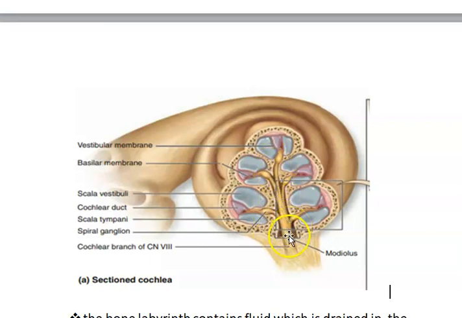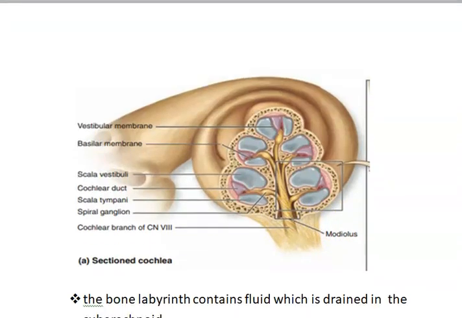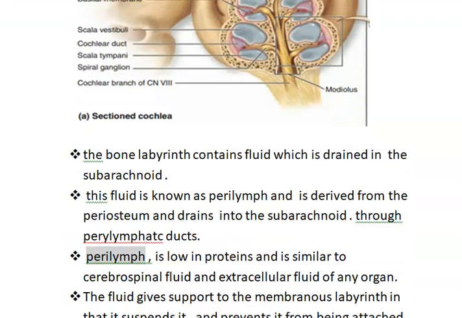And in the modiolus, we have the cochlear branch of cranial nerve number 8, also known as the acoustic branch. Its spiral ganglia are surrounded by this same modiolus. And this modiolus also contains blood vessels, and our cochlea is about 35 millimeters.